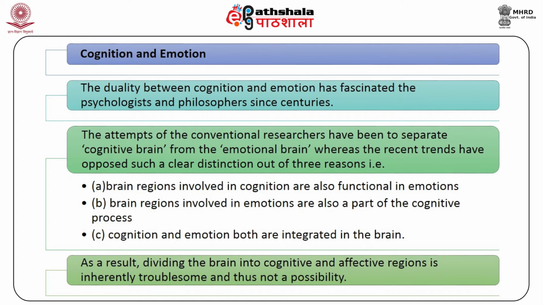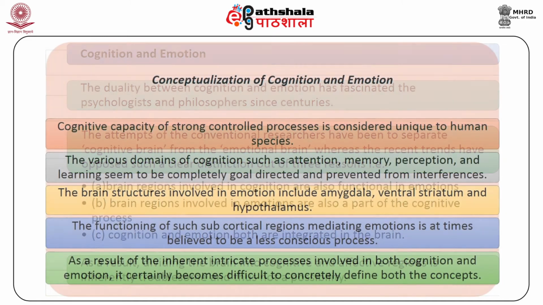And cognition and emotion both are integrated in the brain. As a result, dividing the brain into cognitive and affective regions is inherently troublesome and thus not a possibility. However, a clear rejection of either of the views is not a possibility until we delve into the complex process.